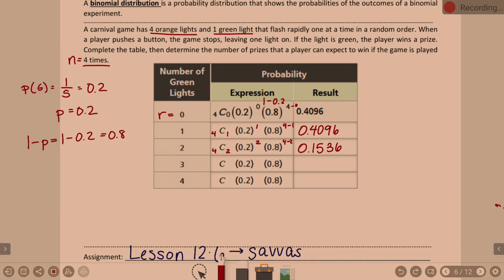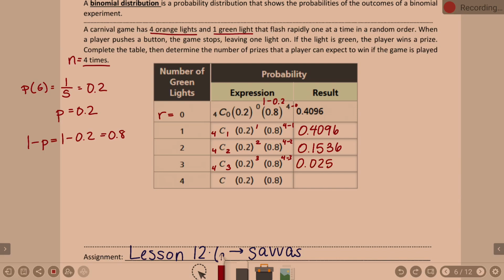Next one. 4C3, 0.2 to the third, 0.8 to the 4 minus 3, or in other words, 1. 0.0256.